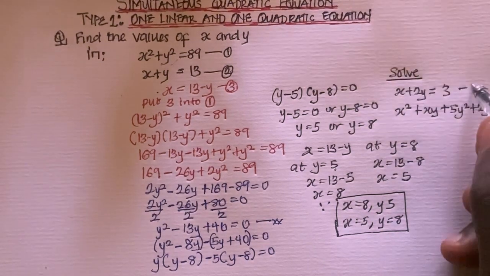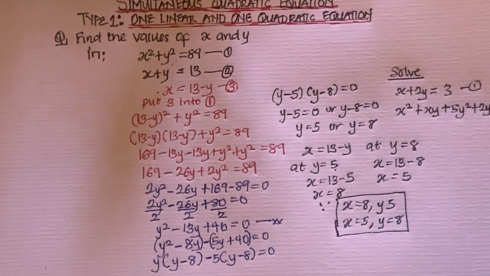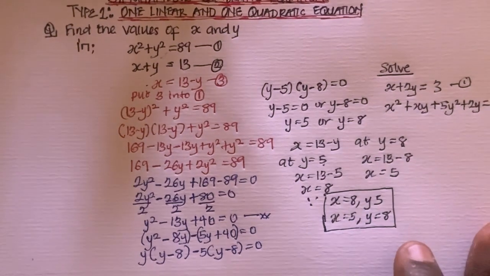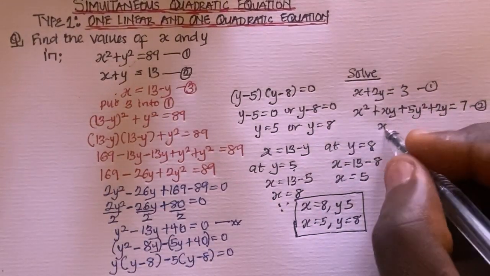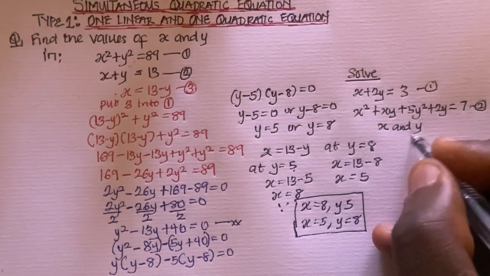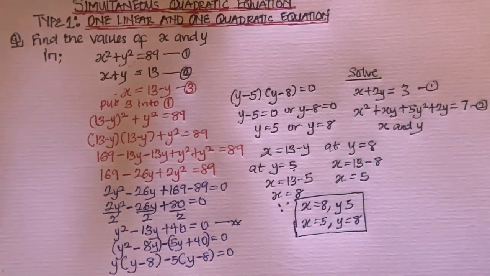So this is equation 1 and this is equation 2. Just solve for the values of x and y that are present in this expression. Drop your answer in the comment box below.